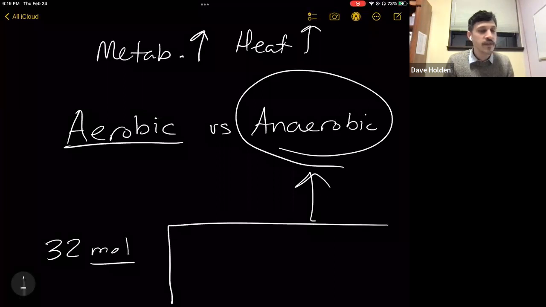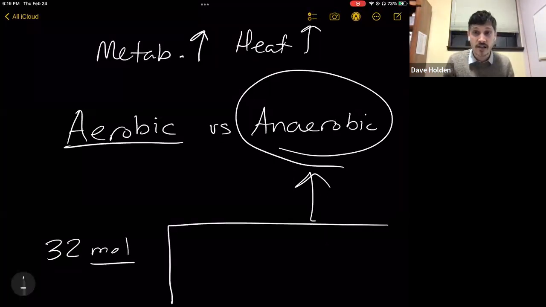However, when we move into anaerobic respiration, this one is far less efficient. Suddenly we are burning lots of energy and we don't have oxygen available to replenish that energy. So when we go into anaerobic respiration, we have to start burning other chemicals, things like fat, for energy.